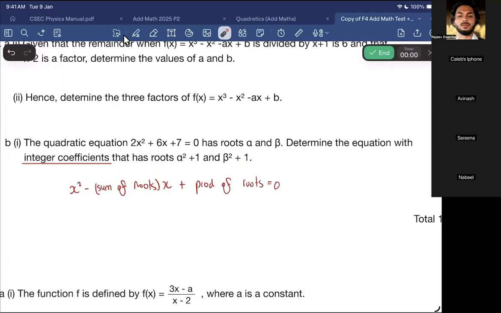I get negative 9, take away 7, sir. All right. Negative 9, take away 7. But alpha squared plus beta squared, something wrong there. It's supposed to be 9 minus 7. Yes, sir. Check that again.